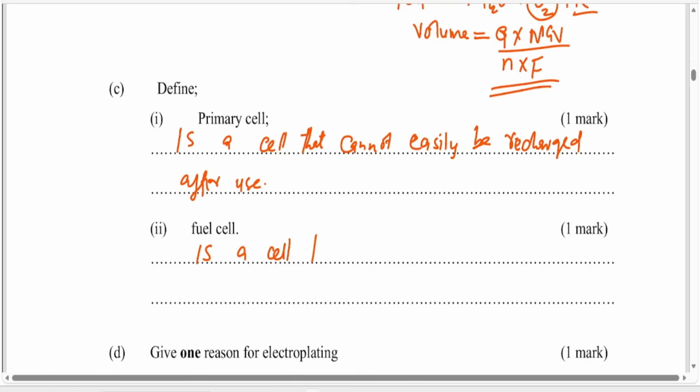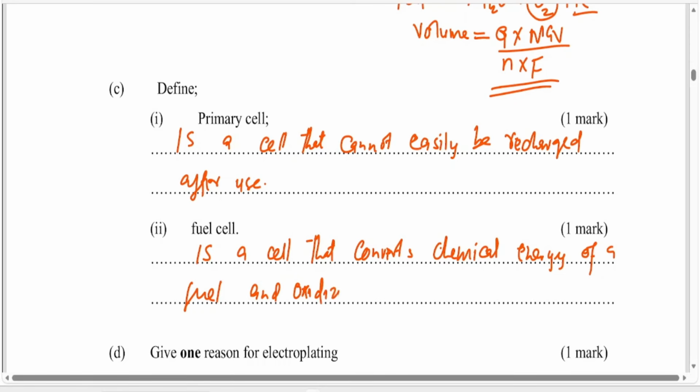A fuel cell is a cell that converts chemical energy of a fuel and oxidizing agent into electricity.